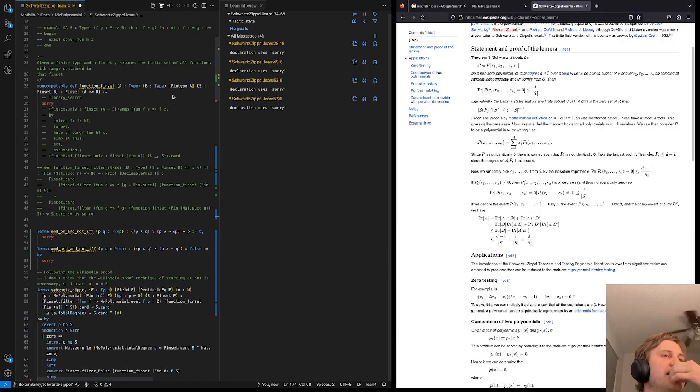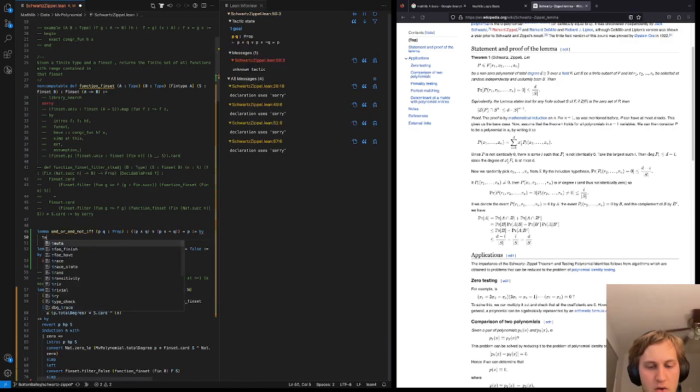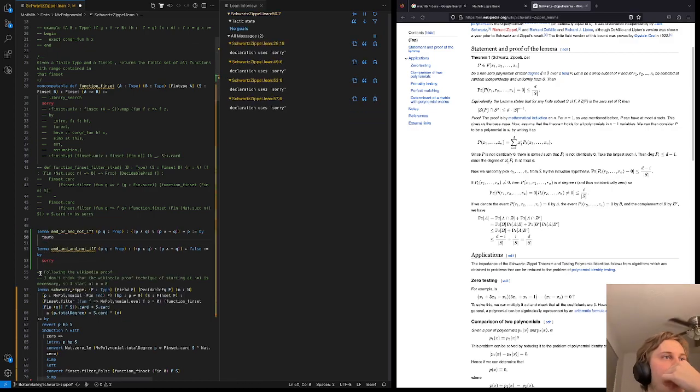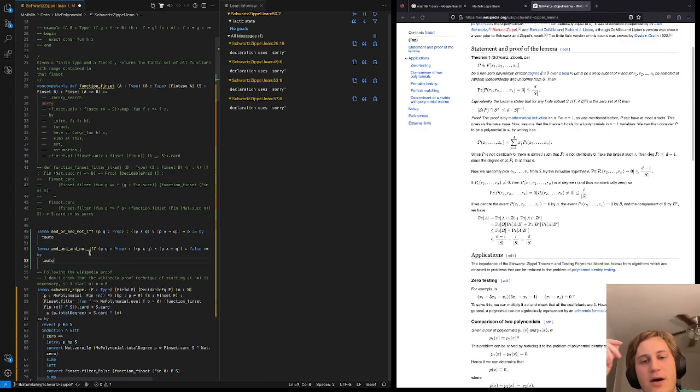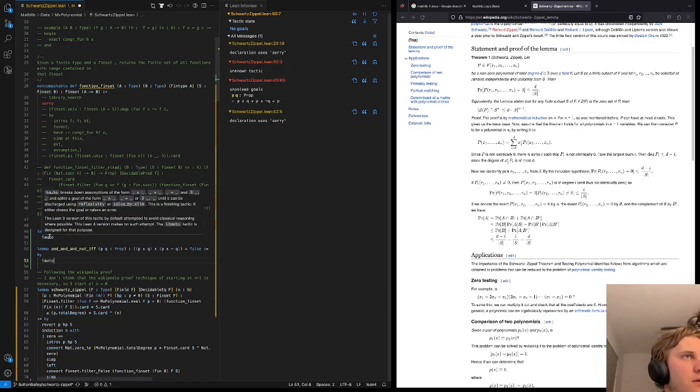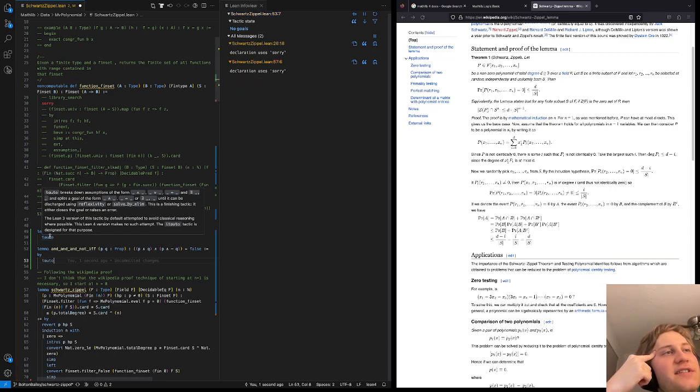I thought that there was some tactic that solved tautologies, right? Tauto. Okay. Well, that was fun. The Lean 3 version of this tactic by default attempted to avoid classical reasoning where possible.